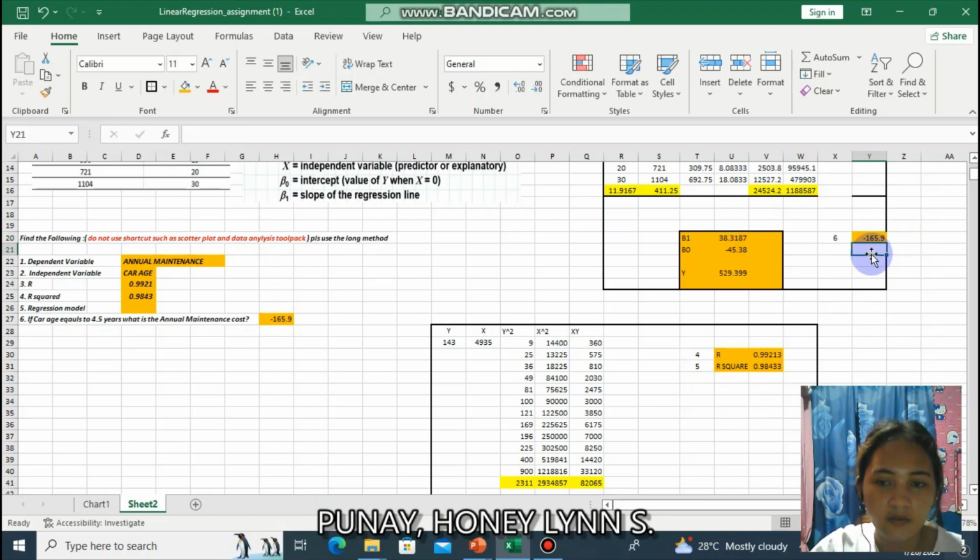So I will get the value of negative 165.9.